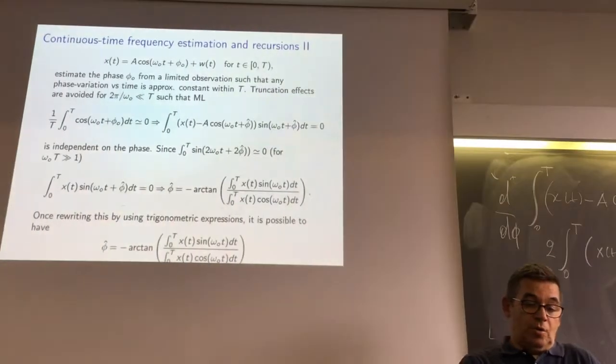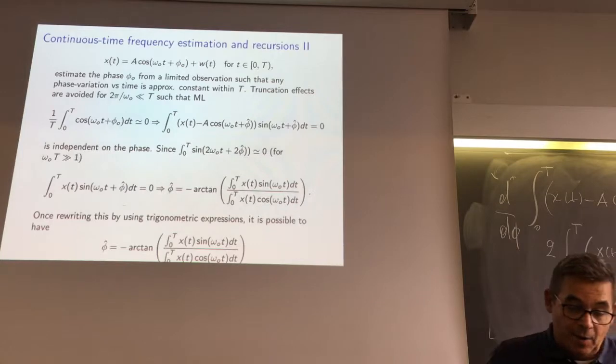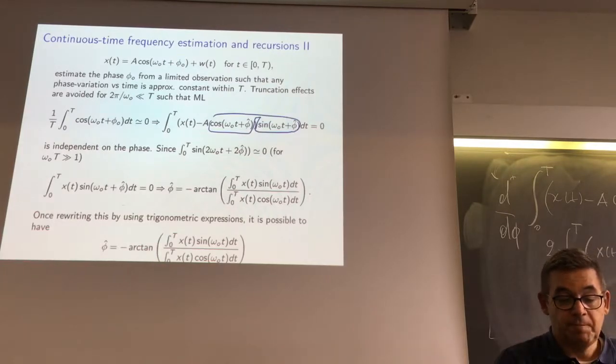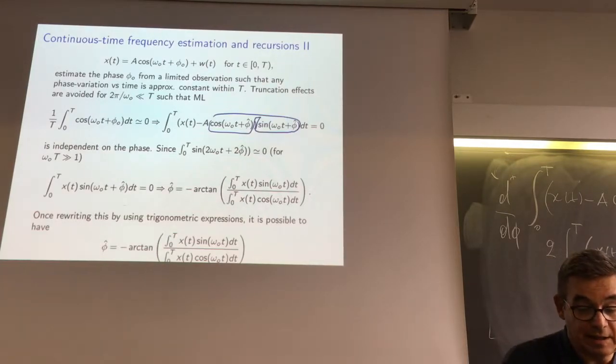What I need to do is combine the pieces. So I need to put together this one and this one. That one is one half sine of 2 times omega 0 t plus 2 times phi.